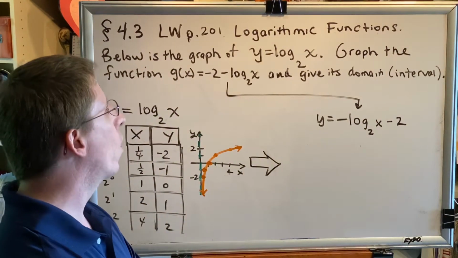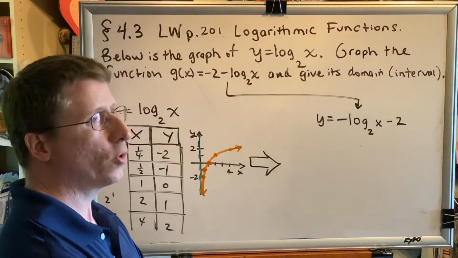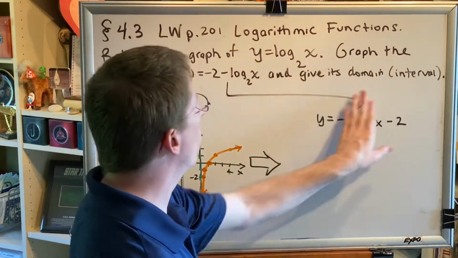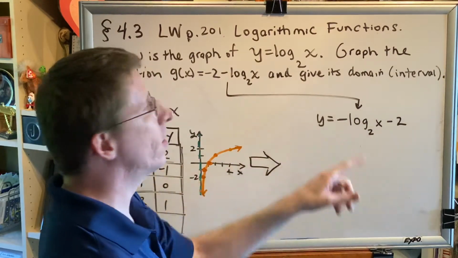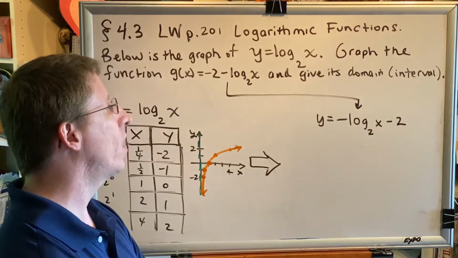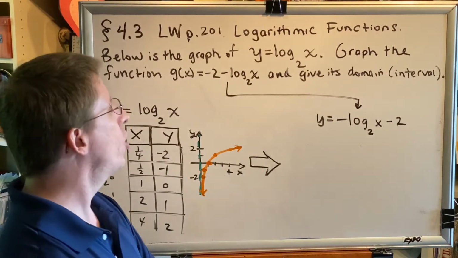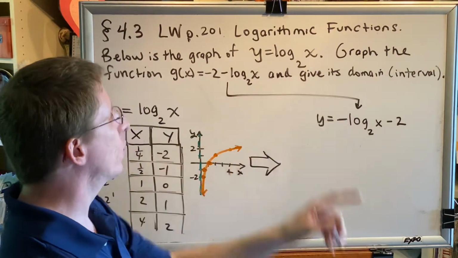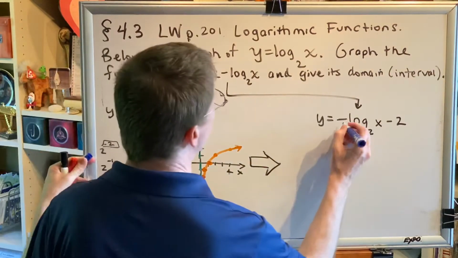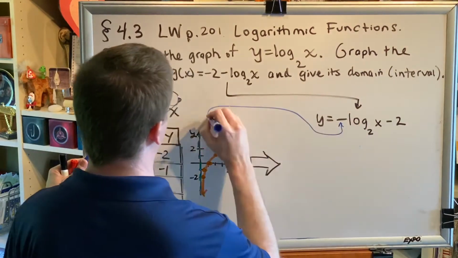The next thing we look for is stretching or shrinking. In other words, multiplication by a number. Well, there's no multiplication anywhere in here except for this minus, which is multiplication by -1, which is actually step 3, reflections. So this is outside far from x, it's multiplication by -1. So that part of our change is indicative of a vertical reflection.